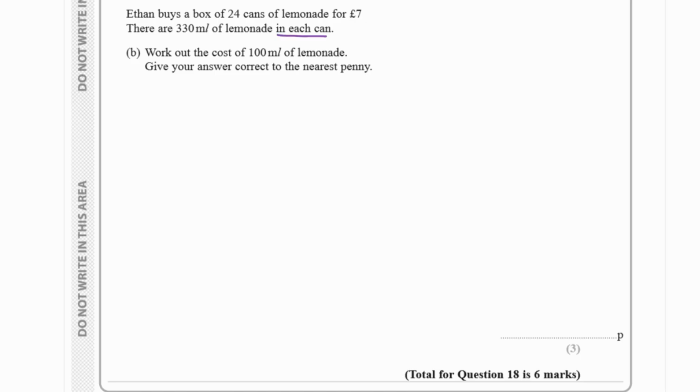So we know that in each can there is 330 millilitres of lemonade. So we can write that one can has 330 millilitres. Therefore, first we can see how many millilitres we will have in 24 cans. So in order to make 1 into 24, we have multiplied by 24. So we will do the same on this side.